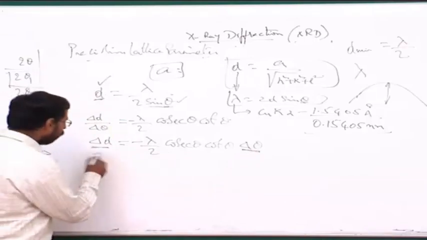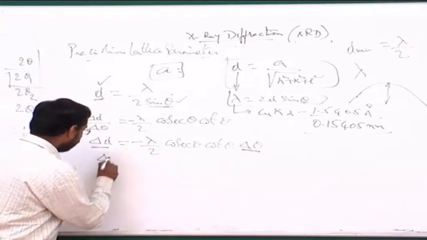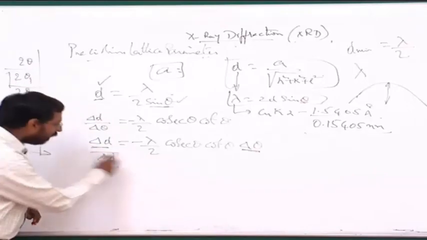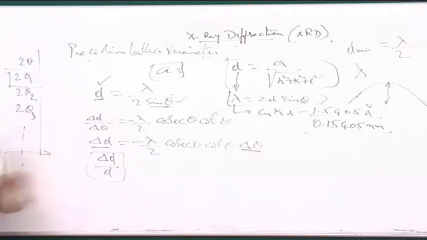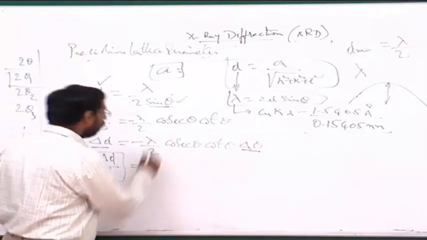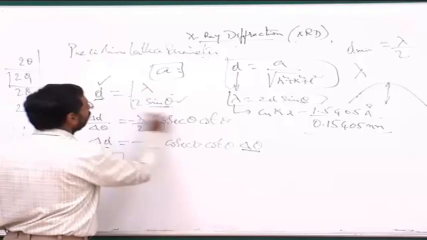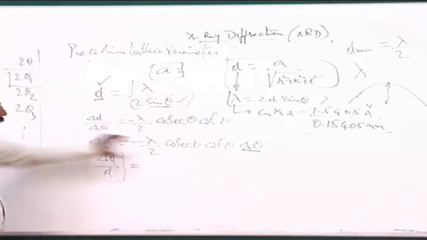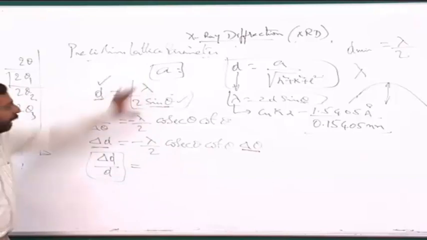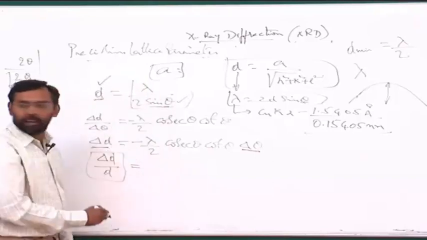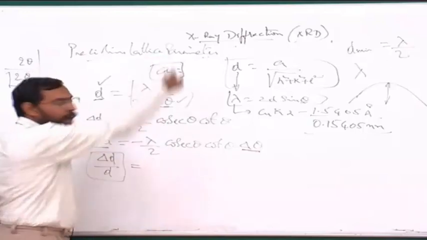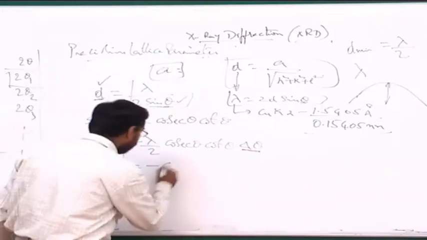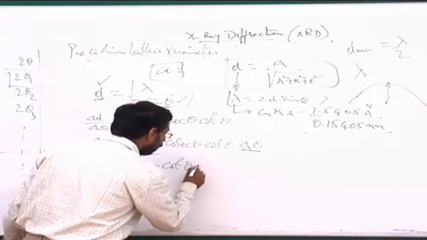Now if I take the ratio delta d by d, I am normalizing the error with respect to d. Dividing by d, lambda by 2 goes off, sin theta goes above and cancels with cosecant theta. You will see it as minus cot theta into delta theta.